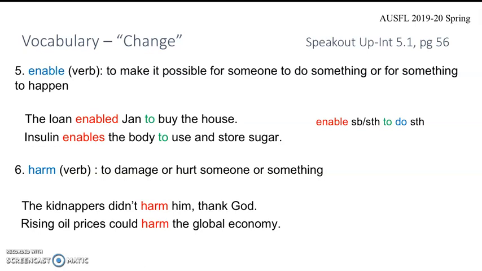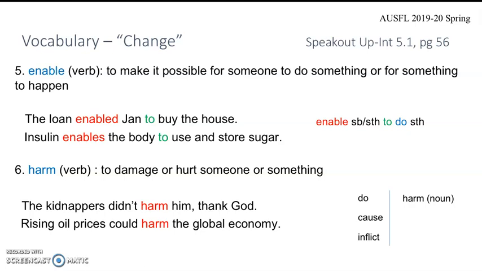Harm, the word harm, here it is used in its verb form, and it means to damage or hurt someone or something. You can check the examples. It could be a noun, just like damage, and it could also be used with these verbs, and they collocate: do harm, cause harm, or inflict harm.